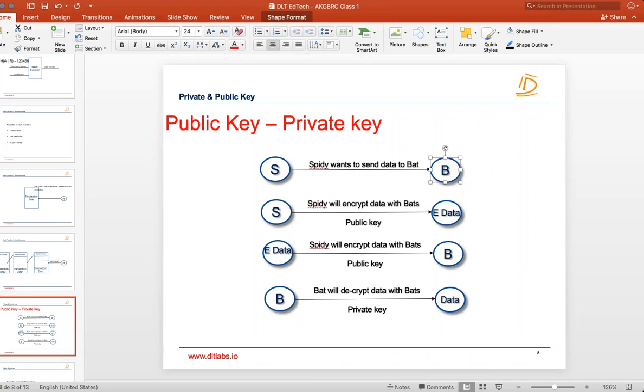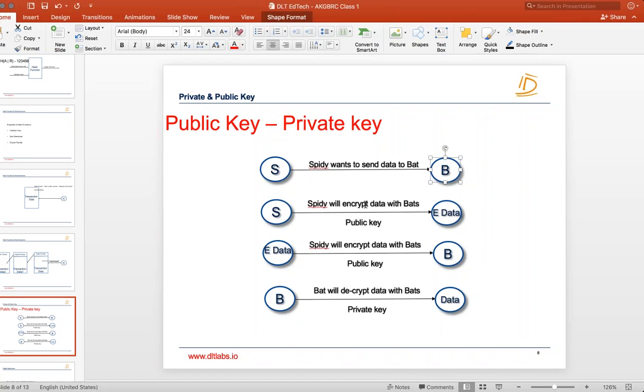Okay. Now, in order to send the data from Spidey to Bat, and also secure the data so that no one else can read it, what will Spidey do? Spidey will take the public key of Bat. Again, I'm repeating. Spidey will take the public key of Bat, and using that public key, it will encrypt the data.